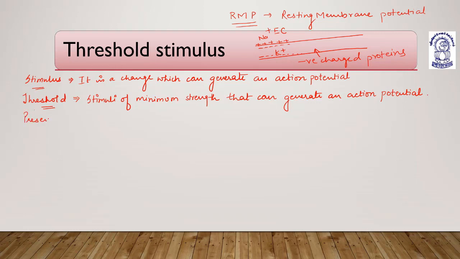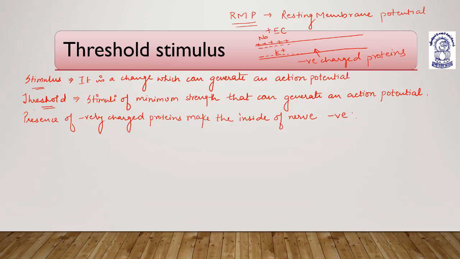So the presence of negatively charged proteins makes the inside of the nerve negative.